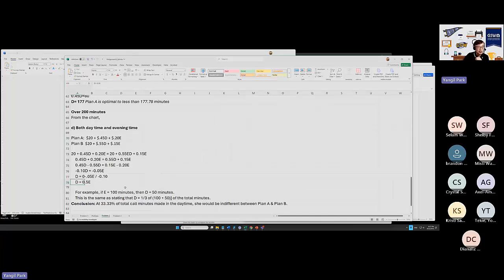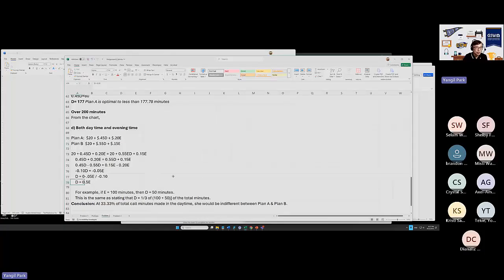So the conclusion is, because it's 33%, if 33% of total call minutes are made in daytime, there will be no difference between plan A and B, because we solved for the D here.